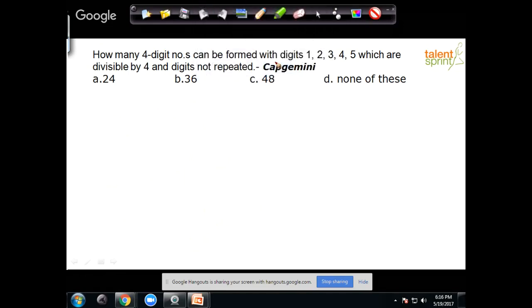So can you guys try it now? How to solve it? And give me some answers.